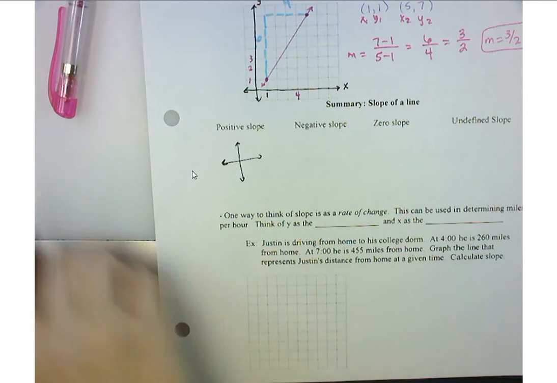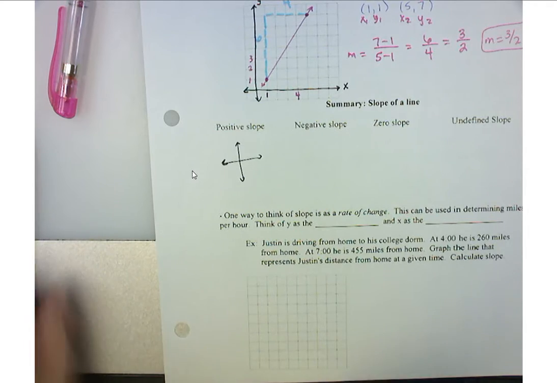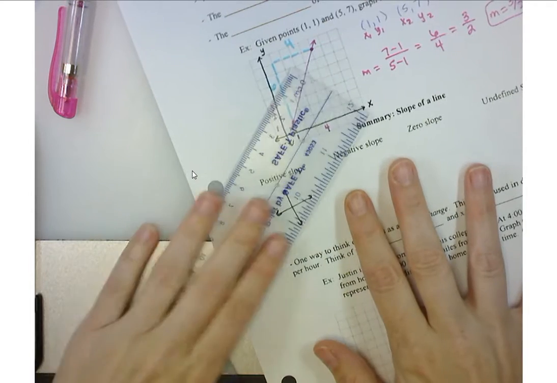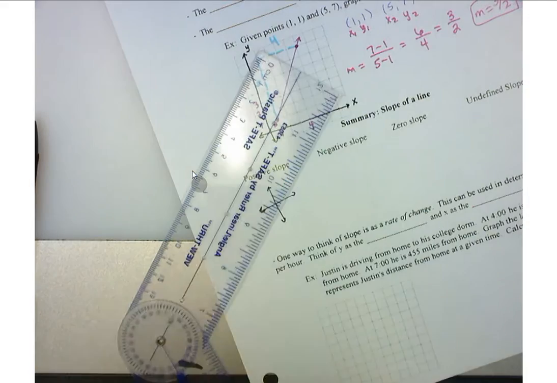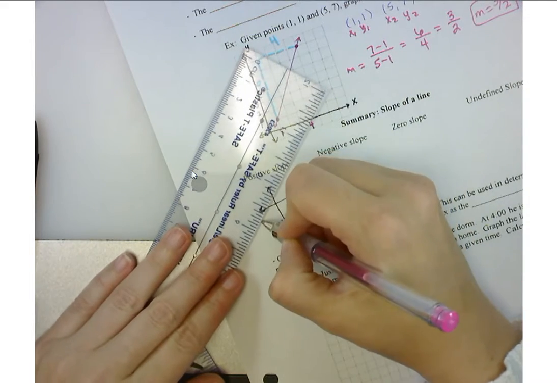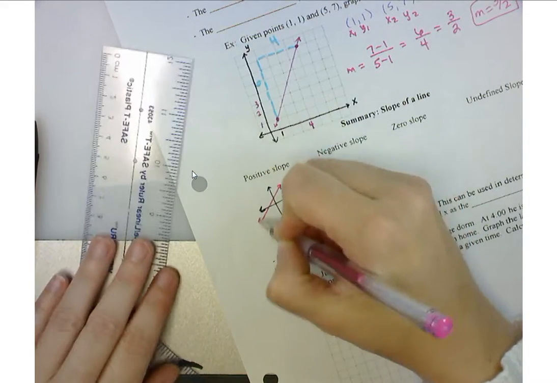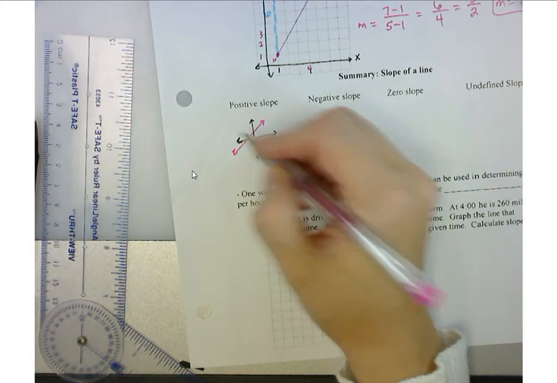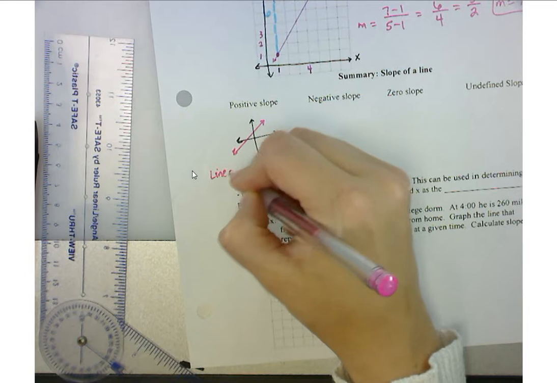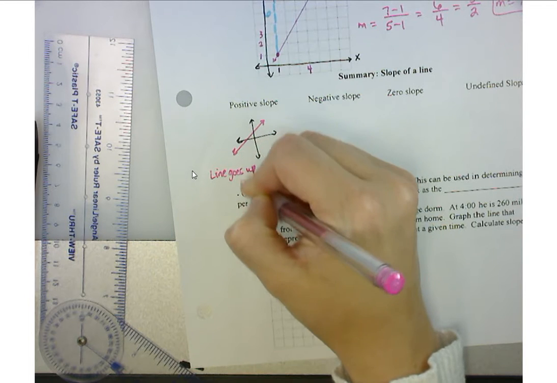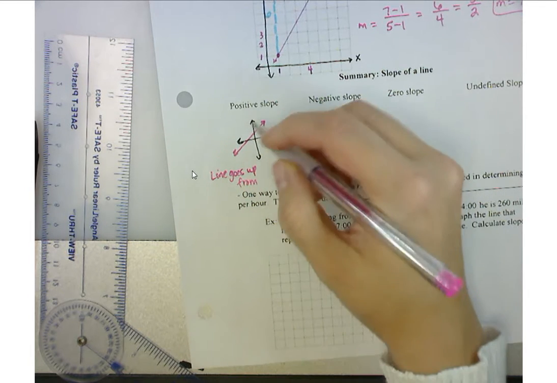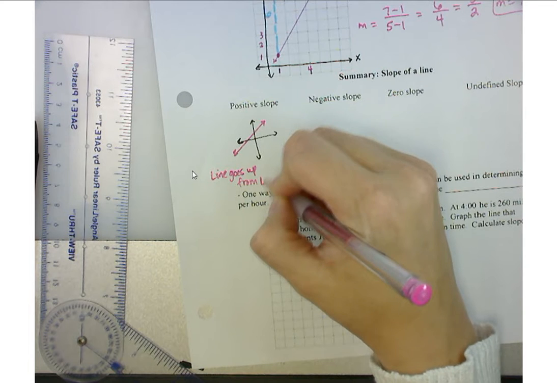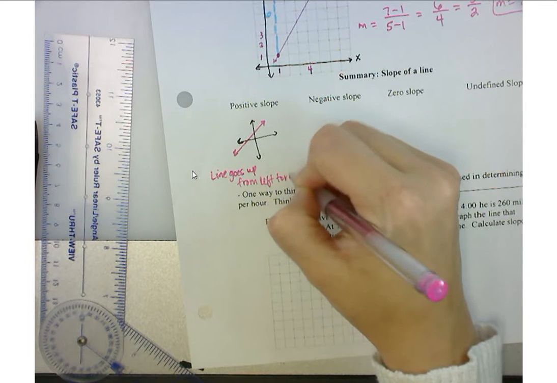It's going to be going up, right, from left to right. And it really can be anywhere. You just have to show that it's going to be going up from left to right. Okay, so line goes up from left to right.